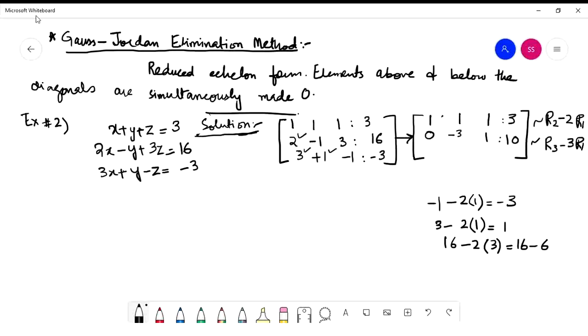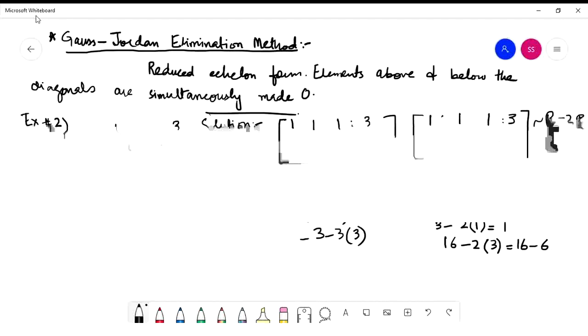In the third row, 3 minus 3 into 1 is 0. 1 minus 3 into 1 makes it minus 2. Minus 1 minus 3 into 1 makes it minus 4, and minus 3 minus 3 into 3, so minus 3 minus 9 is minus 12.